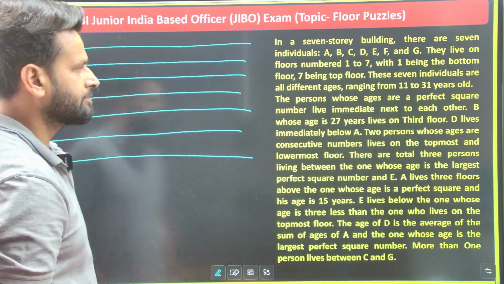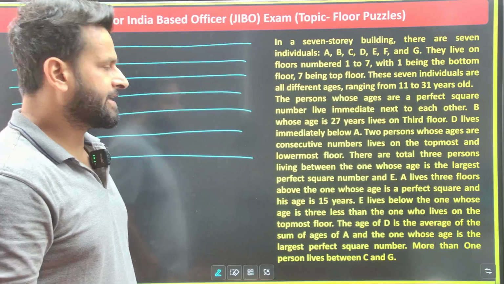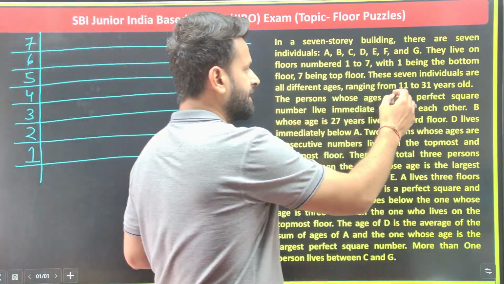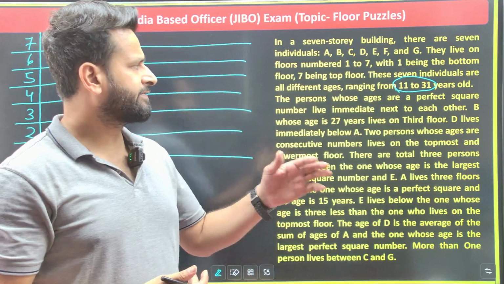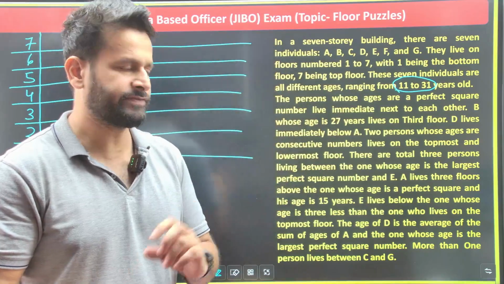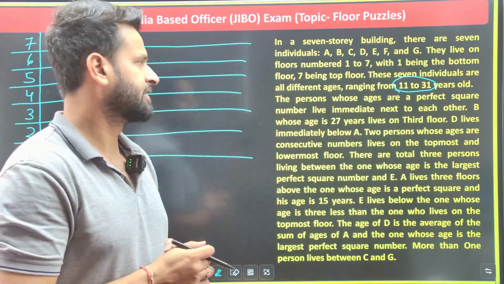Range of age is given, 11 to 31. Any person can be 11, 12, 13, 14, 15 till 31. Any of these numbers can be the age of any of the persons.